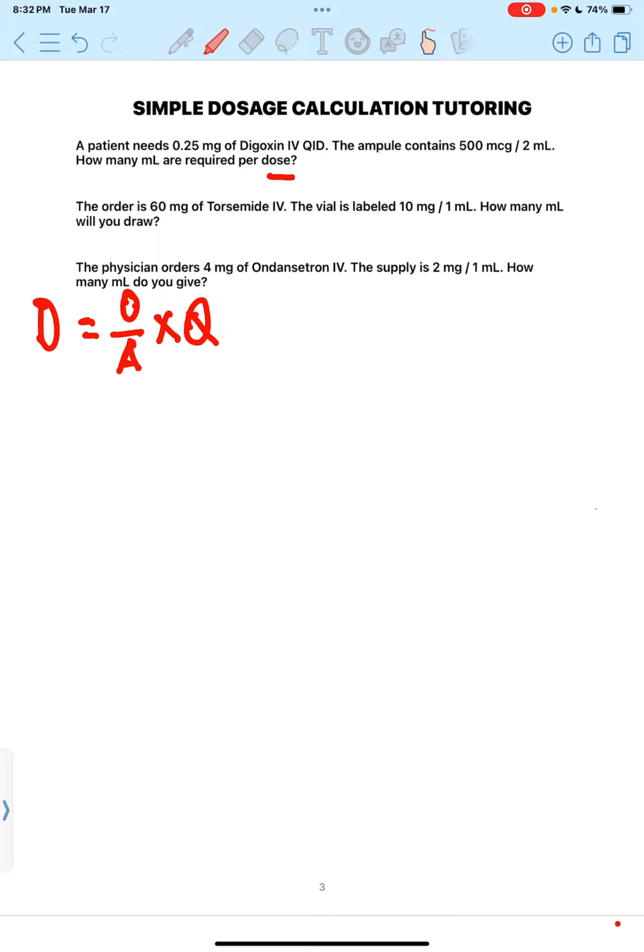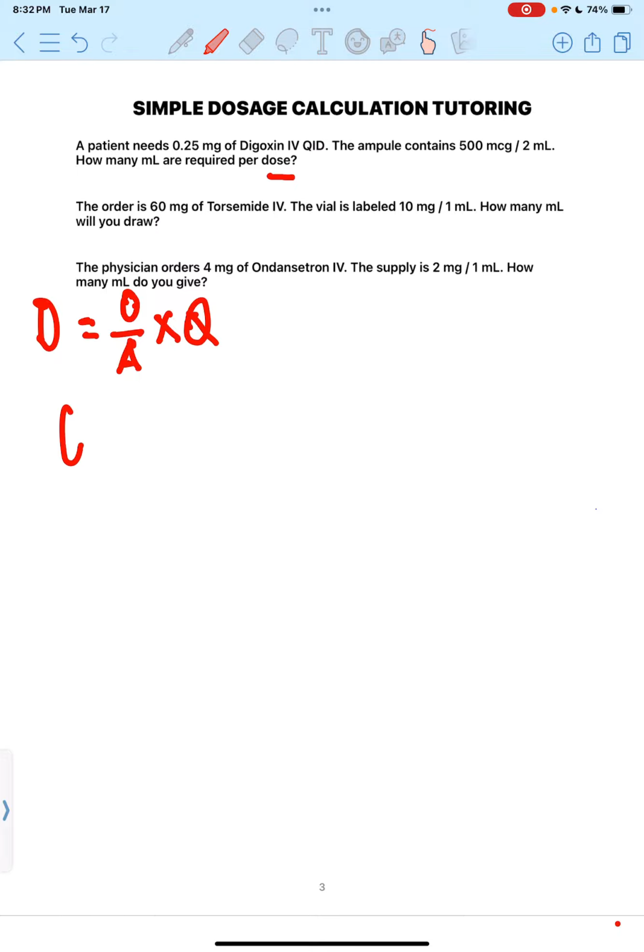So anything that is asking what would you give per dose, you're not going to use that frequency of 4 times a day unless they ask you what would you give per day. So let's look at here.